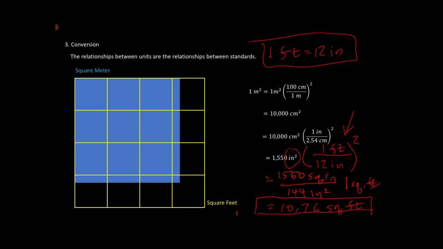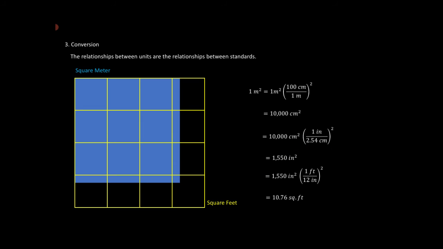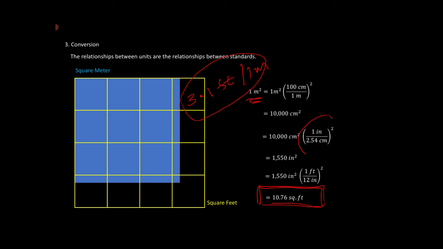All right, so that conversion factor between square meters and square feet is somewhere around 10, right? Which makes sense because we said that this was about 3.1 feet per meter. Although that's just an estimate, that's not exact, right? This down here is exact. I mean, this is literally exact. So in the United States, the inch is defined in terms of the centimeter, in terms of the meter.